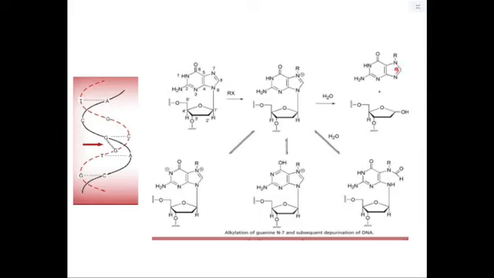This is a pyrazole group. It can undergo cleavage, as you can see here. It has cleaved to give us an amide there. So there can be cleavage, and of course, once it cleaves, there will be destruction of the DNA.